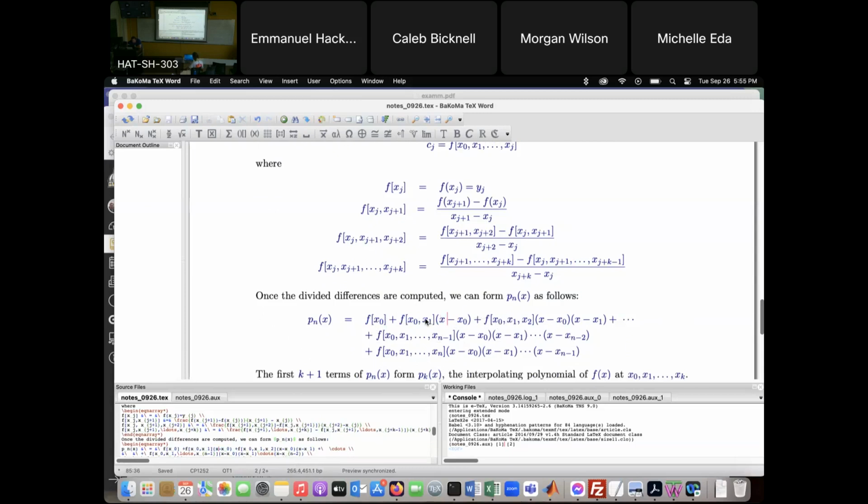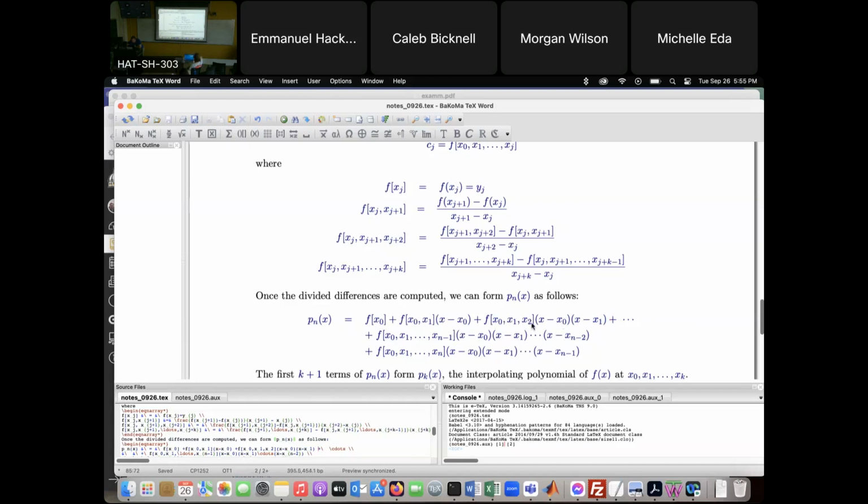So each time a new x value is added to a divided difference, I include a new linear factor when I'm multiplying here. I have x minus x naught times x minus x1. And I just keep going to higher order divided differences, using the same points as before, adding on a new one.